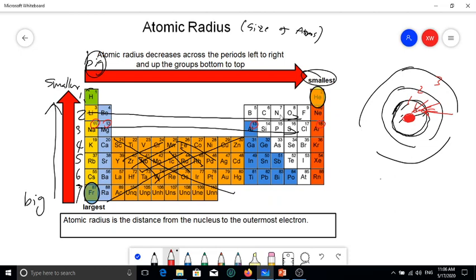So the overall understanding should be this: when you're towards the right, the atoms tend to have a more compact, more condensed structure, meaning the nucleus is pulling electrons closer, which makes them higher in electronegativity, better electron takers as well.